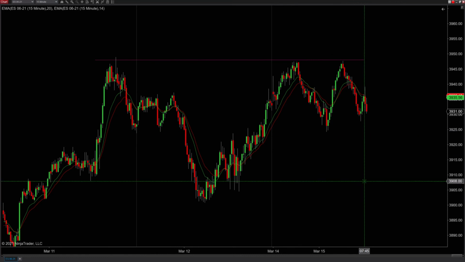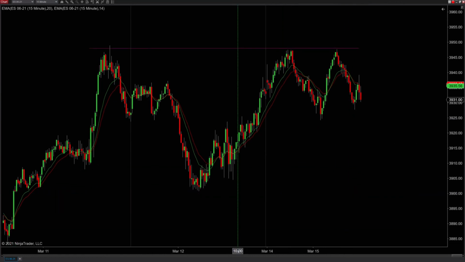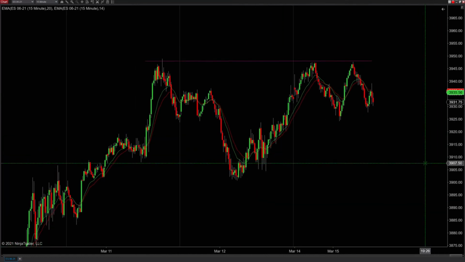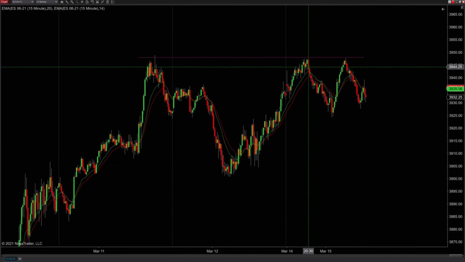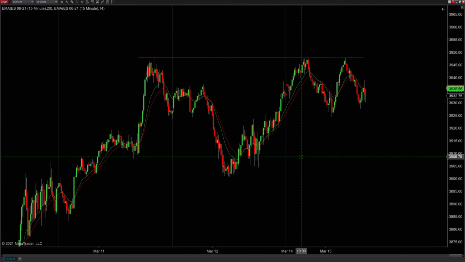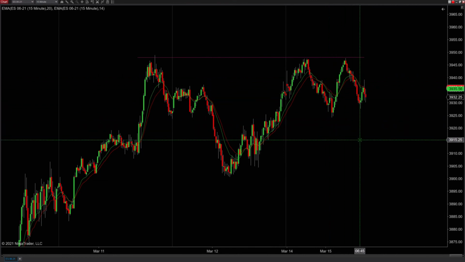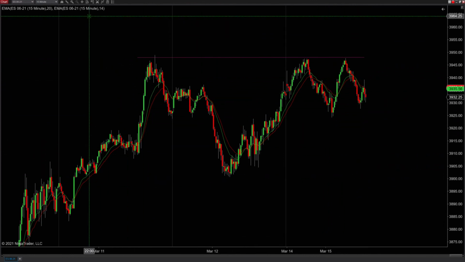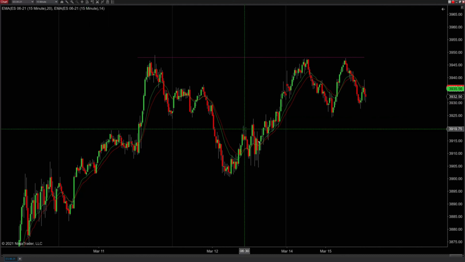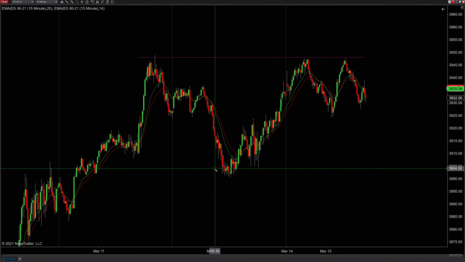It's failed. Now, what is it going to do? Generally, when you have 2 failures at a particular area, price will generally reverse and try to do the opposite, which in this case would be to come down and test this area here.